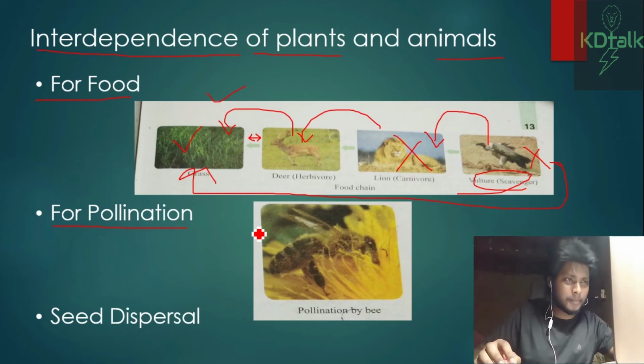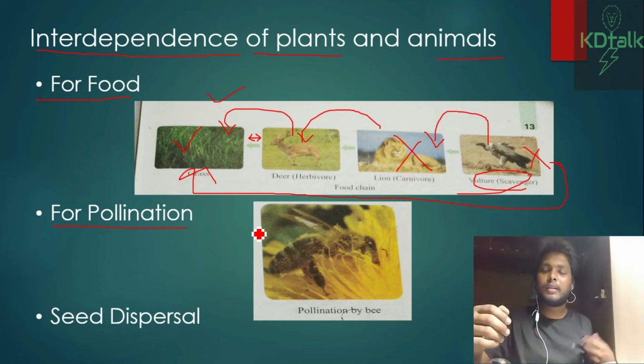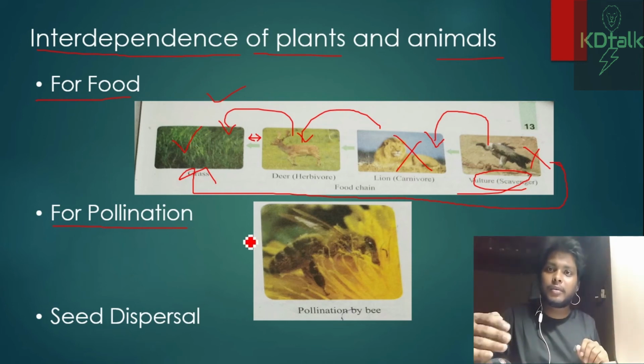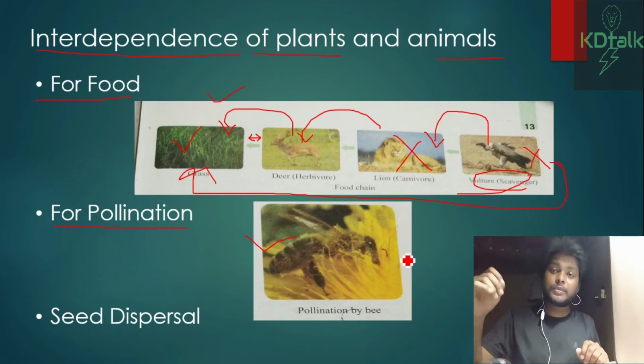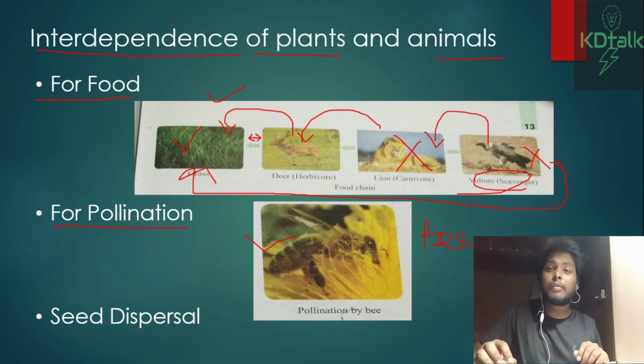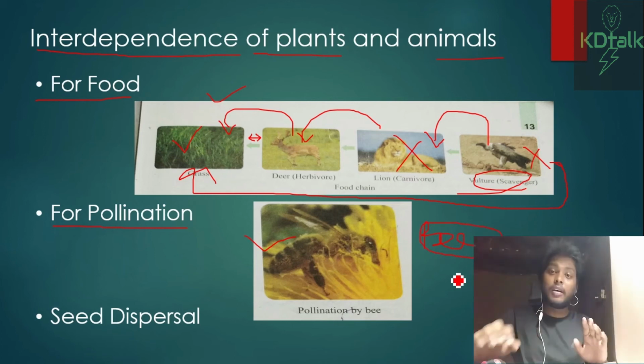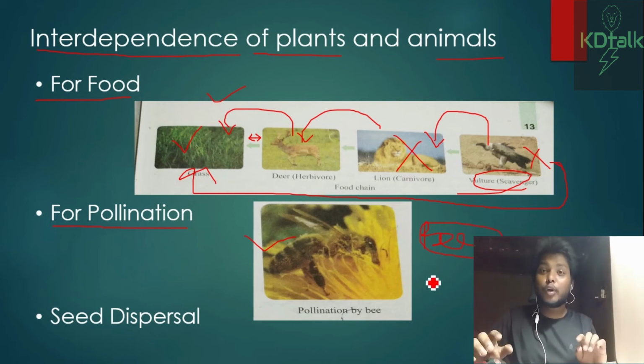Pollination means plants have to transfer their pollen from the male flower to the female flower, and they cannot transfer it independently, so they depend on other animals like flies, bees, and butterflies. These are the animals who help in pollination, and these animals are known as pollinators.